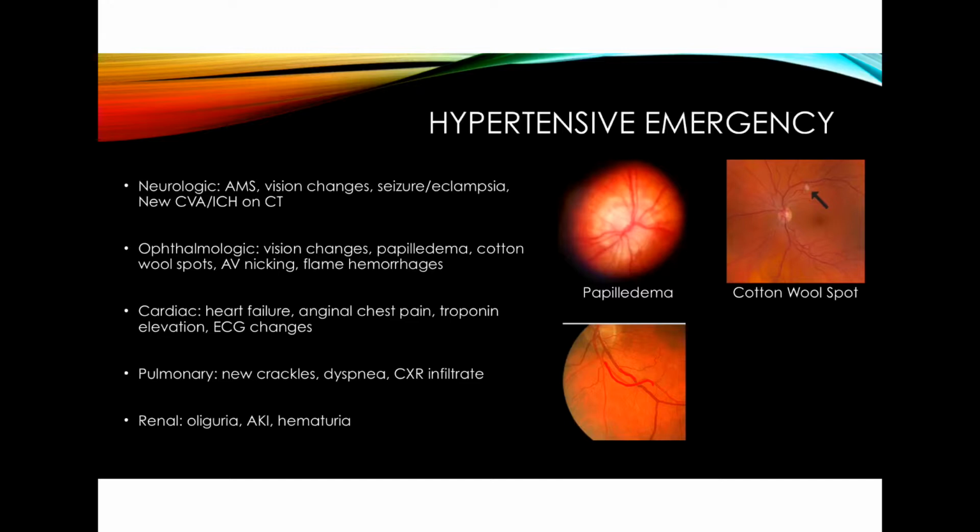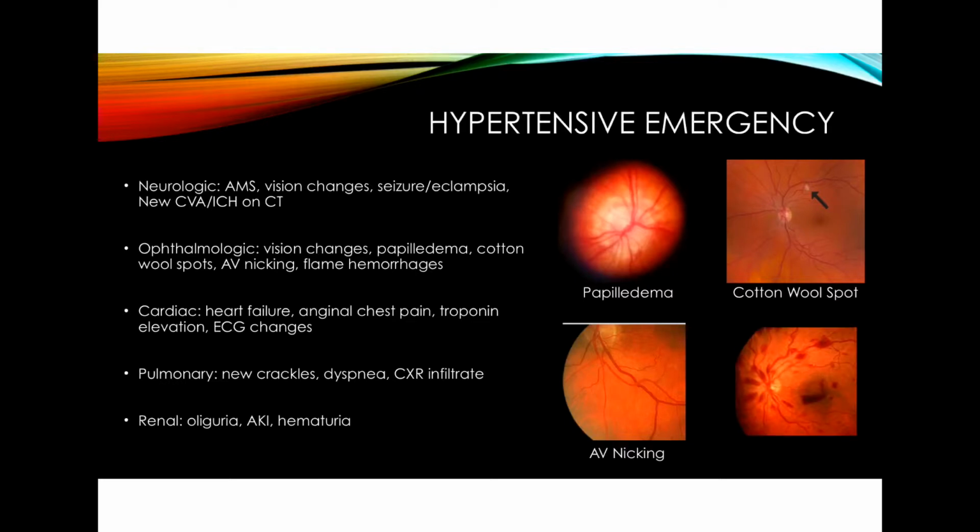It's caused by a significant increase in the pressure in this artery compared to the vein, which is actually enough to compress the vein and block flow. Finally, in this fundoscopic exam, we see dark splotches, which are the flame hemorrhages caused by severe hypertension. So looking for any of these physical exam findings will allow you to identify a patient with hypertensive emergency.